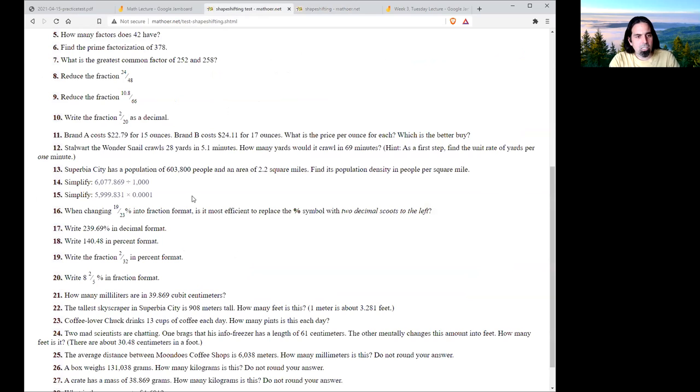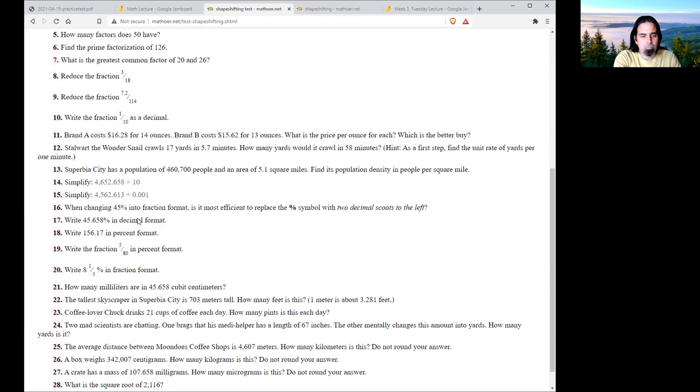So number 16 is saying, here's one of those contexts. I have a fraction with a percent sign after it. Which of those 4 ways do I do? Sometimes it's obvious. Should I do decimal point scoots? No, there are no decimal points to scoot. That's not going to work. Let me reload. 45%. Should I do decimal point scoots here?